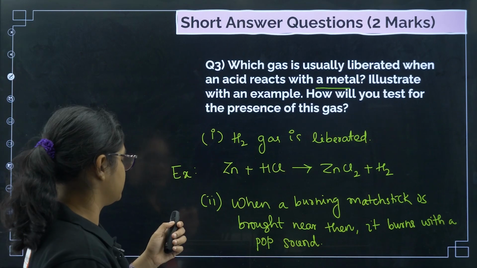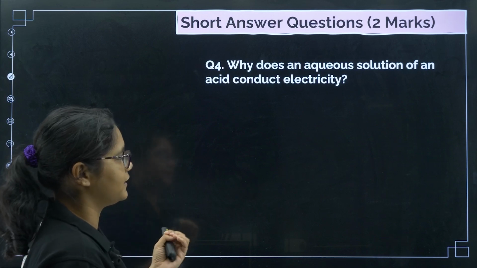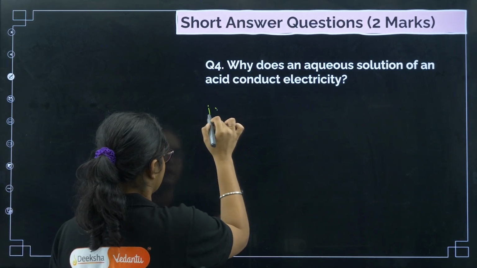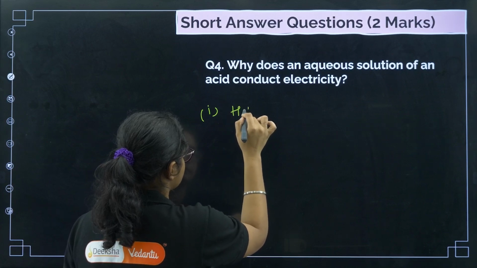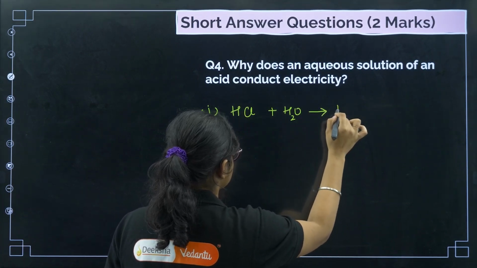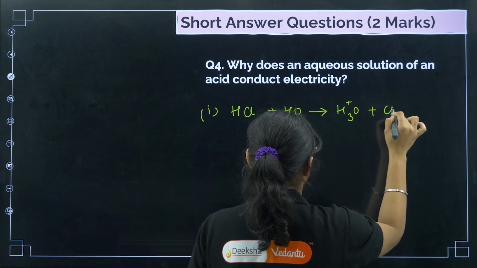Okay, now let us do the 4th question. Why does an aqueous solution of an acid conduct electricity? So first thing you need to write that when any acid, for example, is put in water, we get ions like H plus, H3O plus and Cl minus, right?